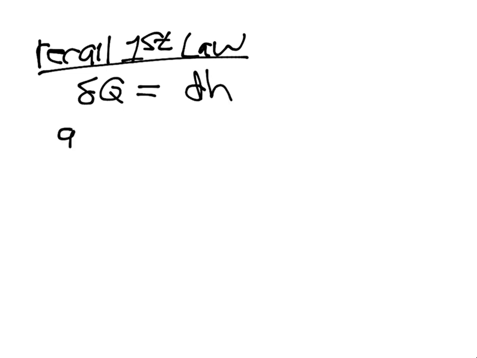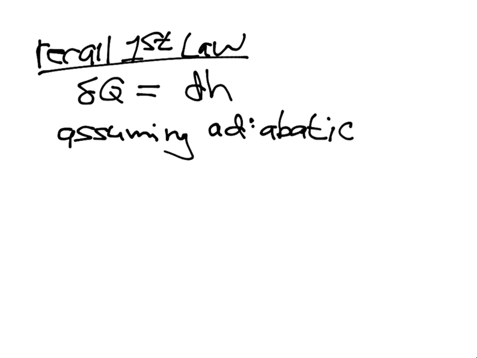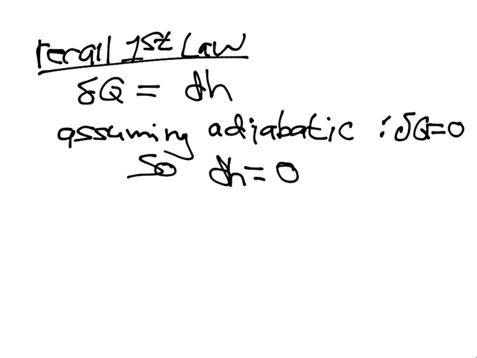Now, assuming adiabatic, what does that mean? That means we have no heat transfer. So our equation is now dH is equal to 0. All right, so there's 2 methods for solving for the enthalpy.